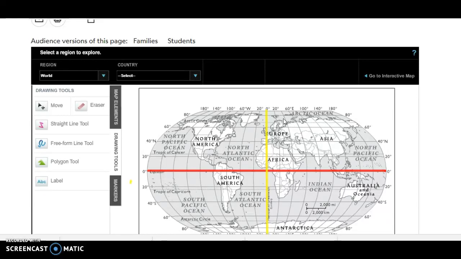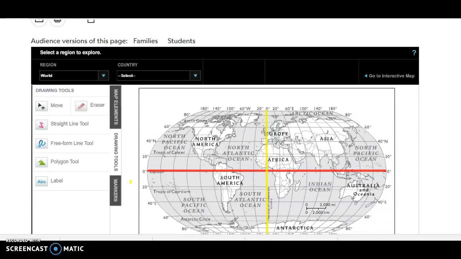So if you can imagine looking at a globe, they will all intersect at the top and bottom of the globe. So the spot where they intersect at the top and the bottom would be the North Pole and the South Pole. The North Pole in the northern hemisphere and the South Pole in the southern hemisphere.